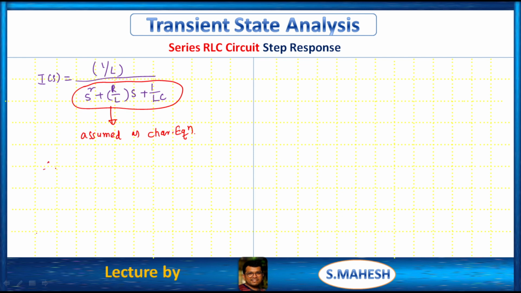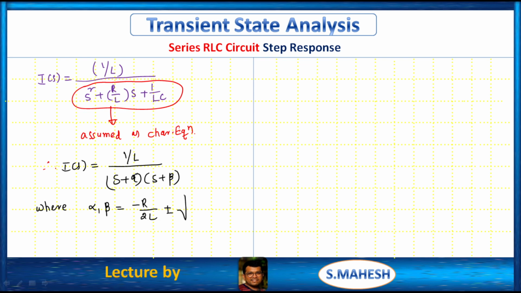Therefore I of s we can write as 1 by L by the roots, s plus alpha into s plus beta, that's it, where alpha and beta are equal to, we all know that, R by 2L plus or minus the square root of R by 2L whole square minus 1 by LC.